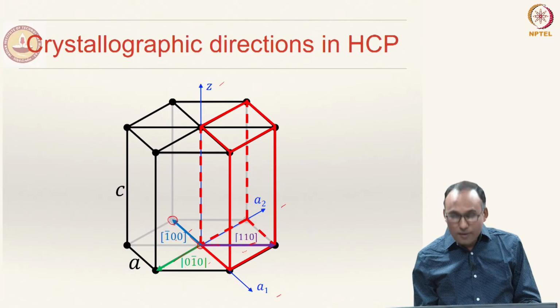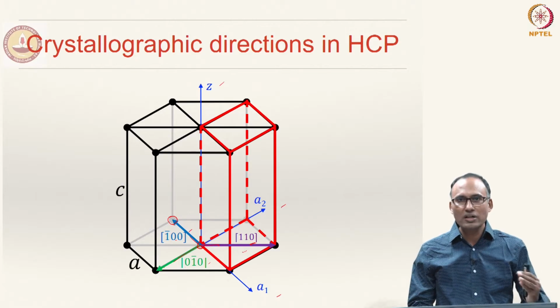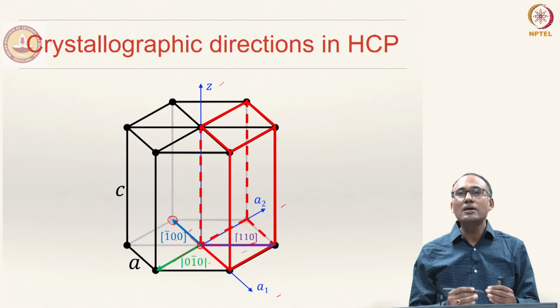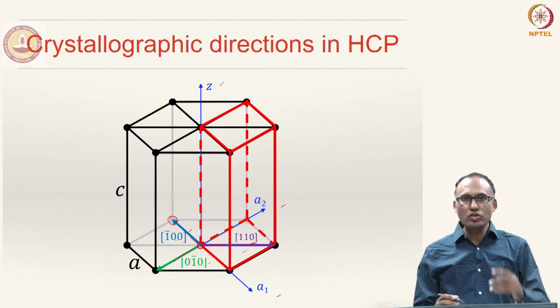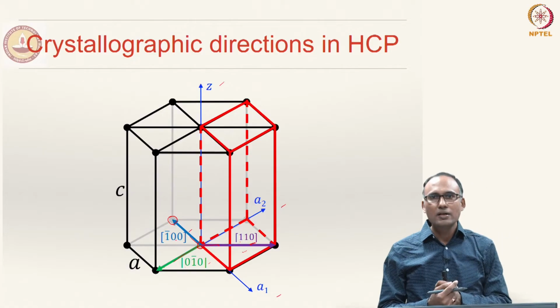But in the cubic crystal, the indices, the numbers, should be the same. You have 1 0 0, so you should have 2 zeros and one 1 in any combination, but here you have two 1s and one 0.